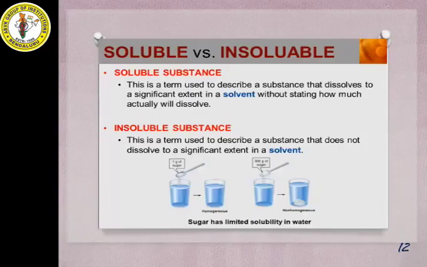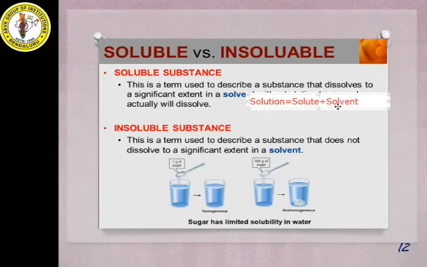Yes, you can see the activity here. Soluble substance is a term used to describe a substance that is dissolved to a significant extent in a solvent without stating how much actually will dissolve. So one more thing you need to understand here: solute plus solvent. In a solution, you will have solute plus solvent.